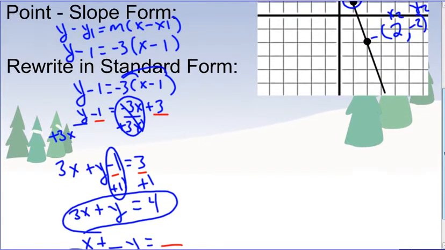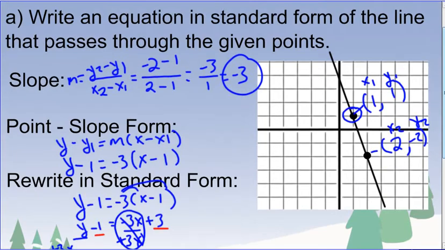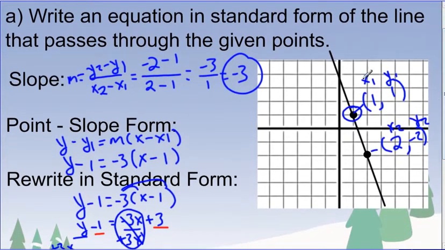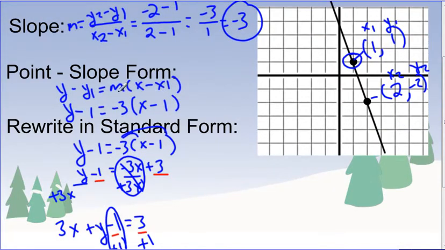So to recap the whole problem, in case you missed any of it, I'm going to walk through one more time. We had 2 points. From those 2 points, we were able to find the slope of that line. We did y2 minus y1 over x2 minus x1, did the math. We found the slope was -3. Then, we used that slope and one of our points, I used this guy, to write the equation in point-slope form.